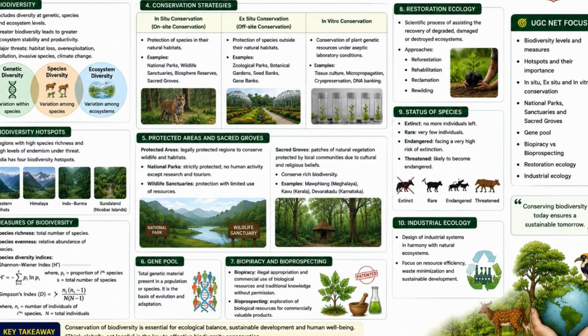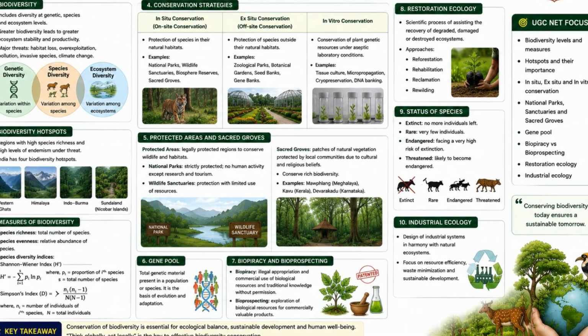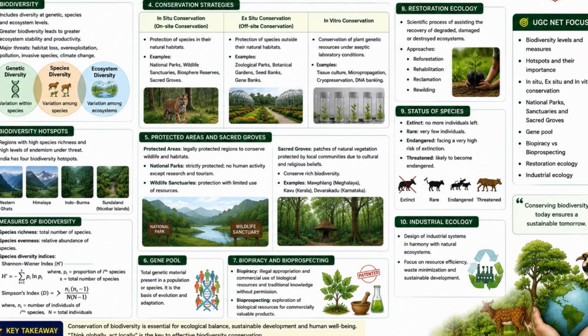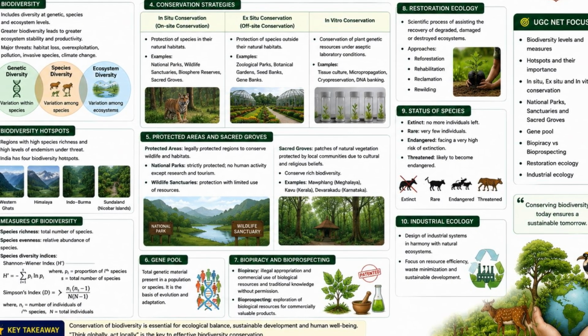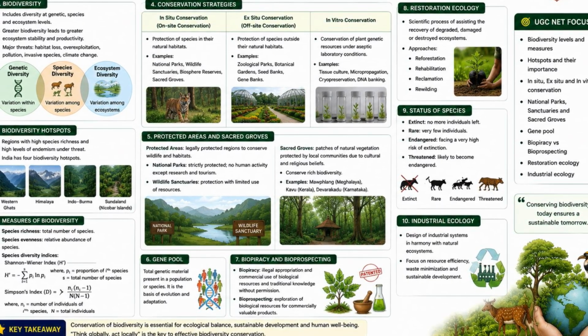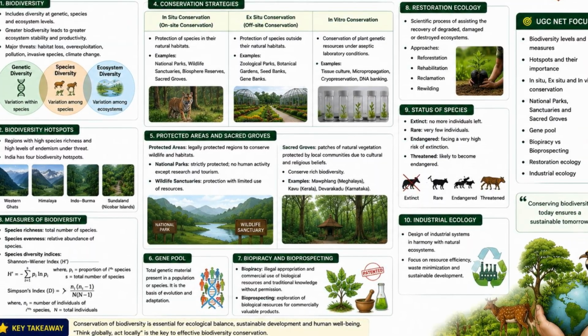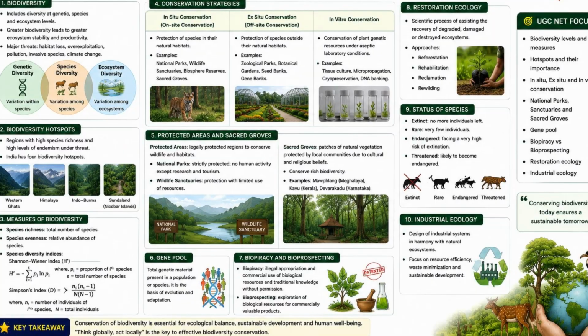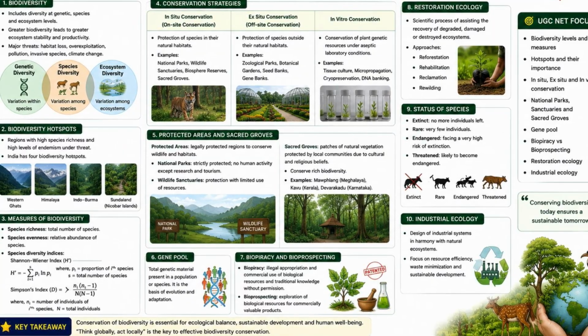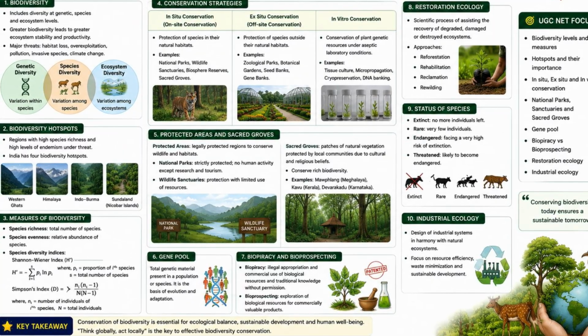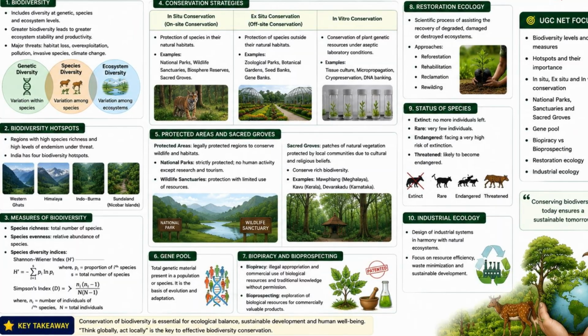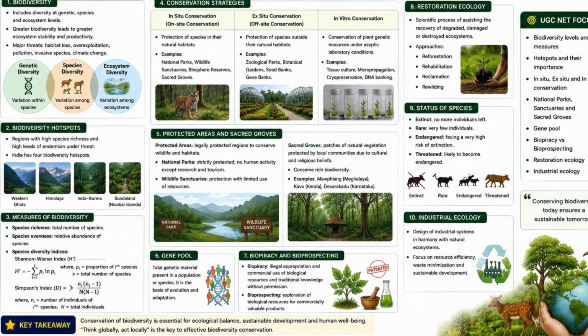Species richness refers to the total number of species present in a community. Species evenness describes the relative abundance and distribution of individuals among species. Commonly used diversity indices include the Shannon-Wiener Index and Simpson's Diversity Index, which quantitatively evaluate biodiversity within ecosystems.